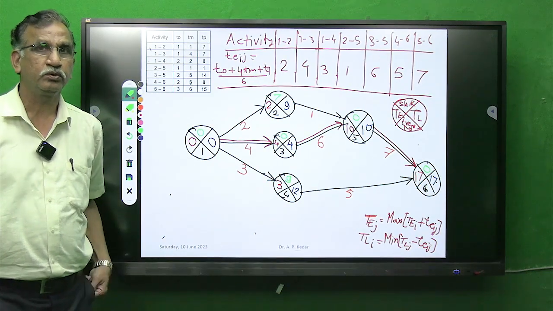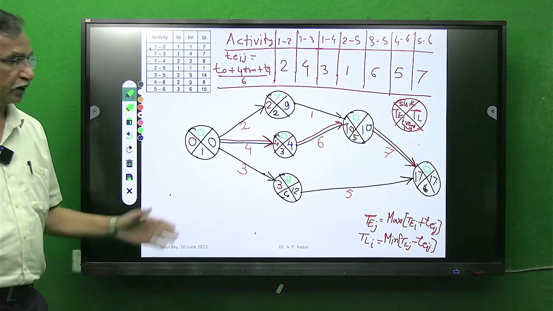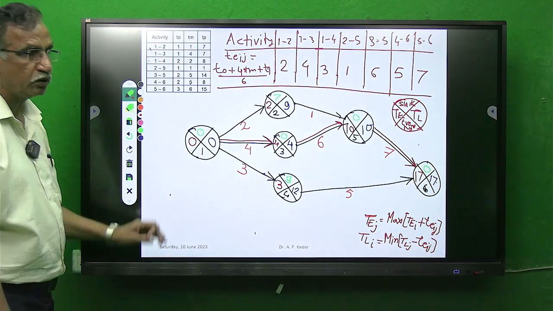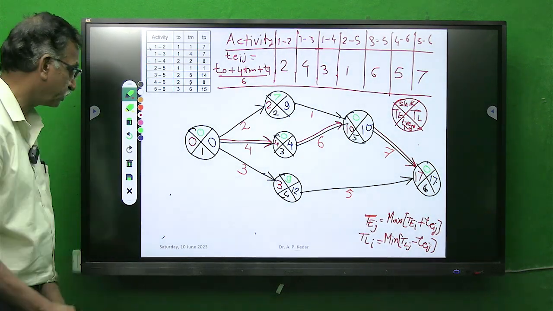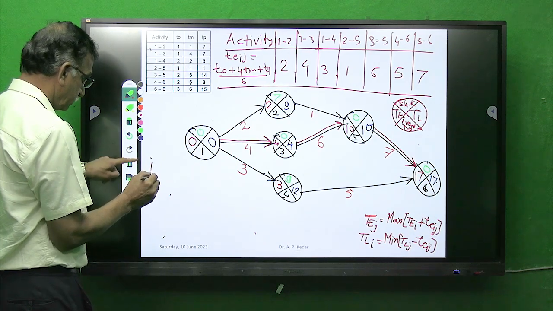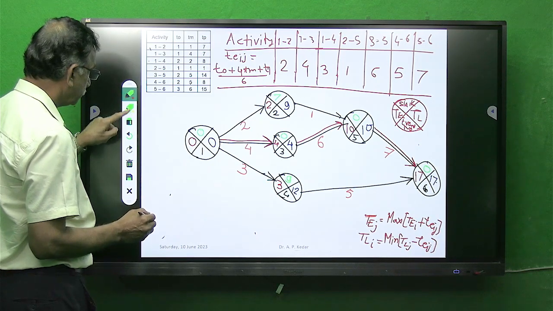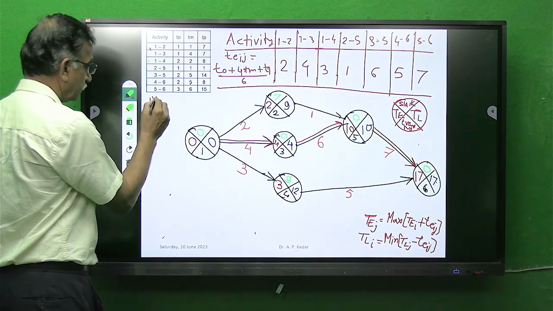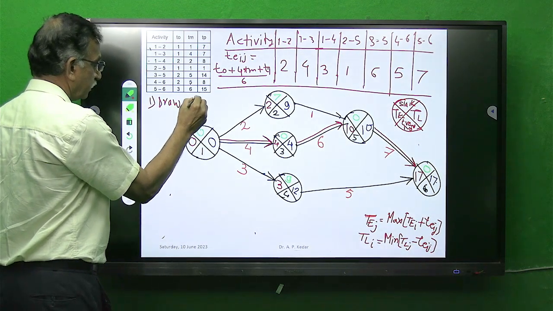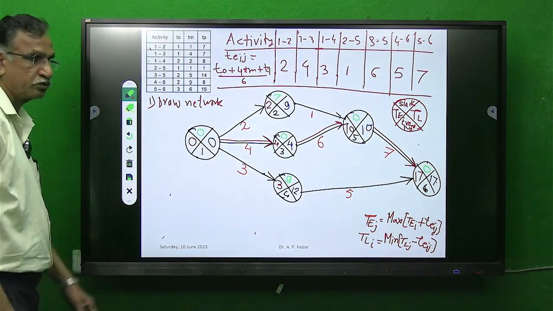So now what we'll do, we'll see what was asked in the problem and accordingly we'll answer each and every question. So if you recall the problem, first was draw network, that is we have drawn.